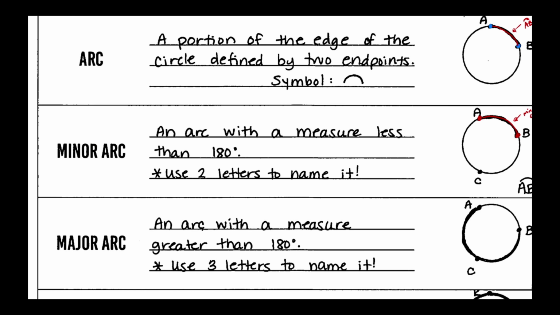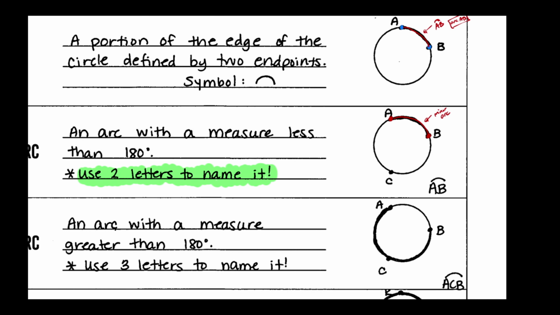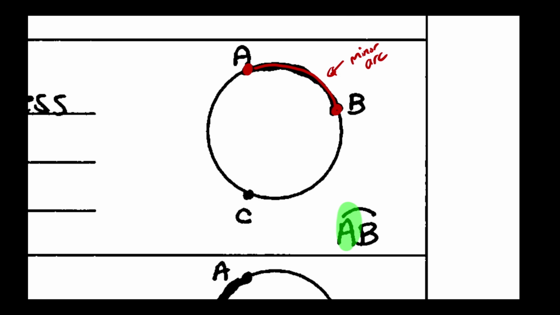And you use 2 letters to name it. That's how you know. If you have 2 letters to name an arc, you know it's a minor arc. So right here, we call it arc AB because it's the minor arc. And we only use 2 letters.